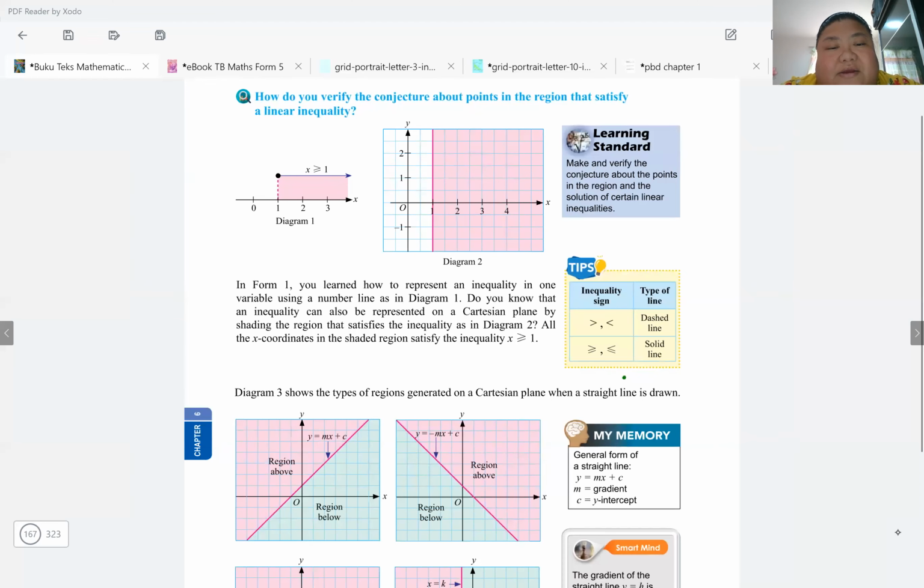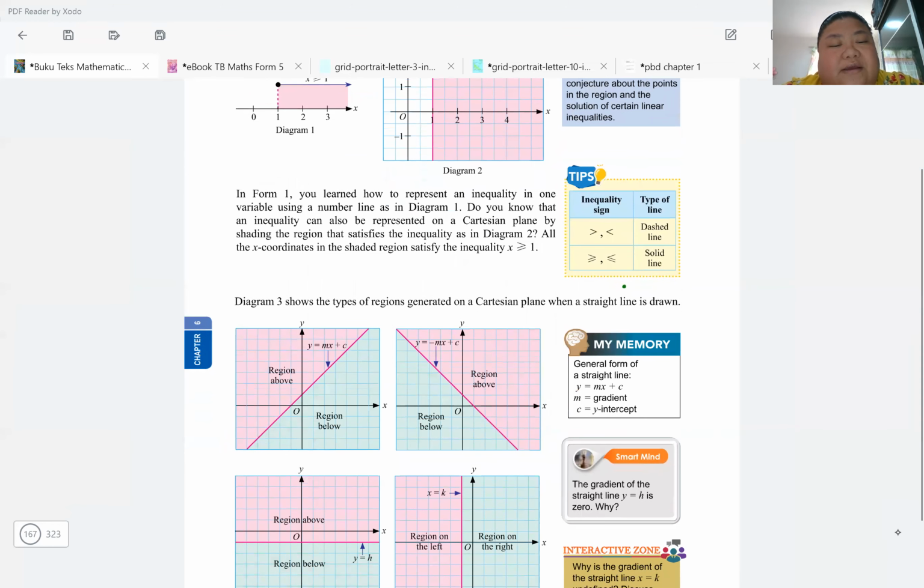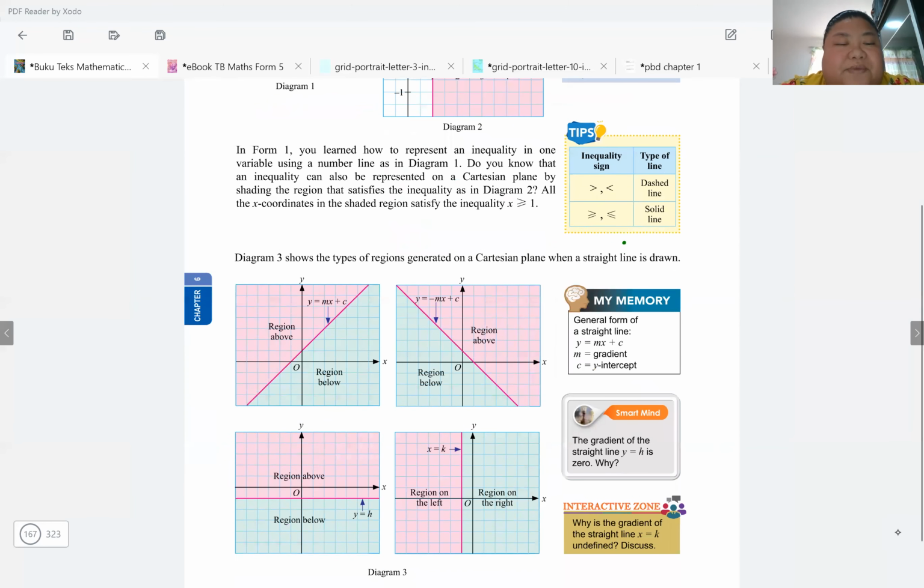So if you see here, let's say this is the pink line. The pink line is y equal to mx plus c. The green one, we call it region below, and the pink one, we call it region above. This one is also the same: the above one we call region above, and the other region below.